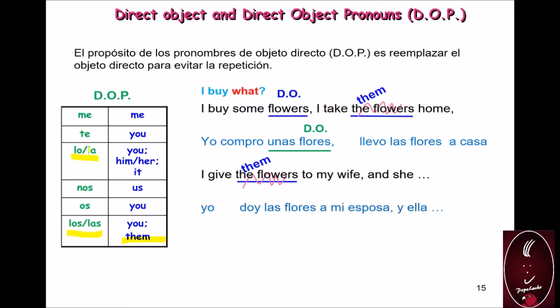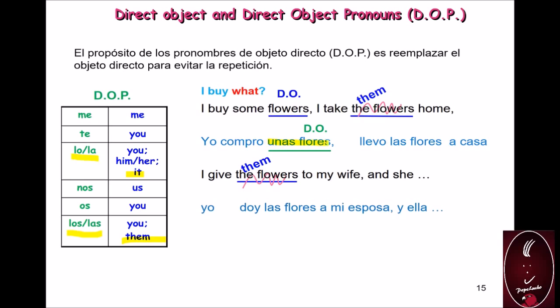The meaning for lo or la is it, and the meaning for los or las is them in English. And they have to agree in gender and number with the direct object that I am replacing.